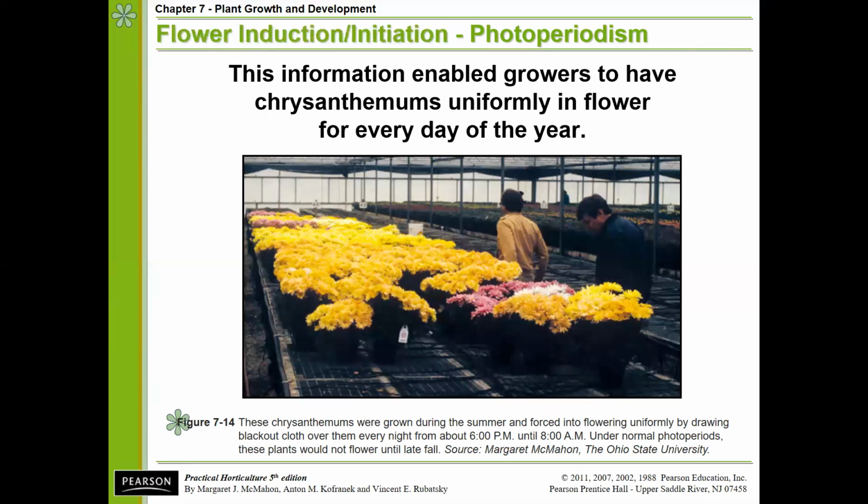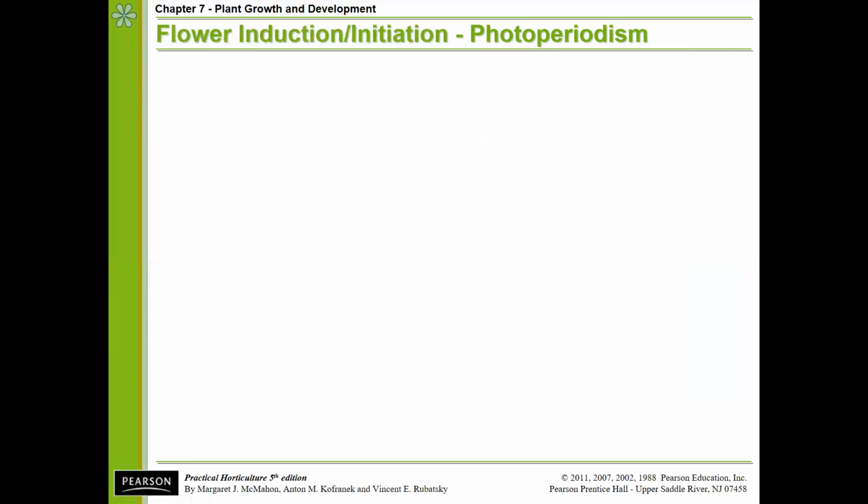Once we discovered what photoperiod we need, we were able to influence that photoperiod. In this case, you can kind of see up there in the rafters of this greenhouse, they use blackout cloth to prevent light, to change that photoperiod and get them to uniformly flower. Today, we can do it pretty much any day of the year. You can have flowering chrysanthemums.